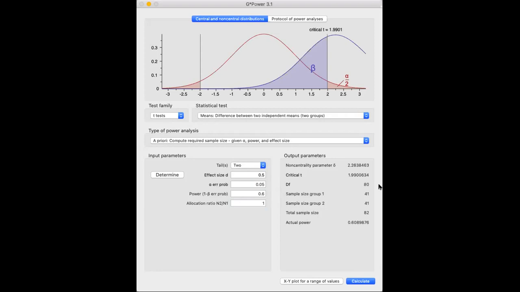It doesn't really say here, but power is 1 minus beta, which means 40% of the time, if we use this particular sample size, 41 per group, and the effect size is 0.5, we won't be able to find a value above the critical t. So 40% of the time we won't be able to detect the difference.